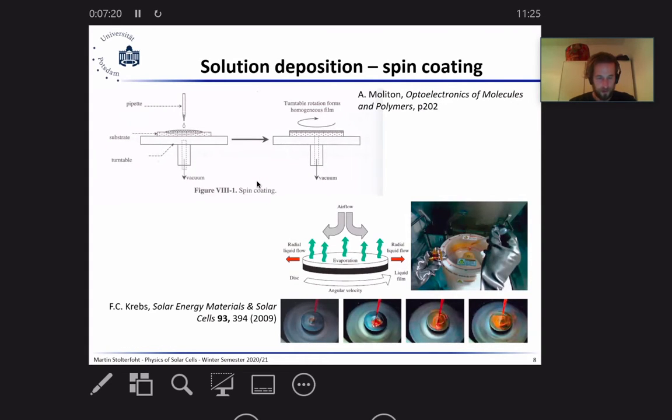As you know, the advantage of organic solar cells is also the wide range of processability. They can be made from solution deposition, not from vacuum, but from roll-to-roll printing, from spin coating, as we do usually in the lab.